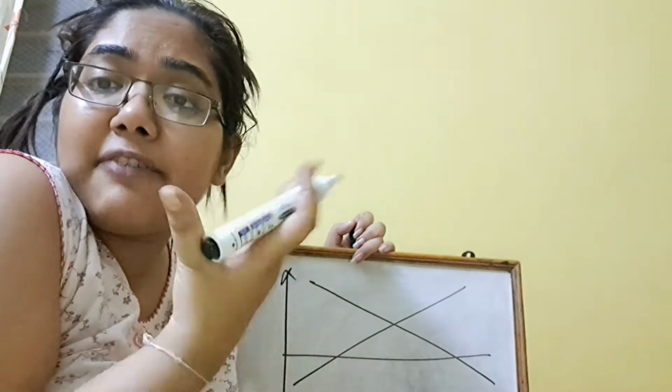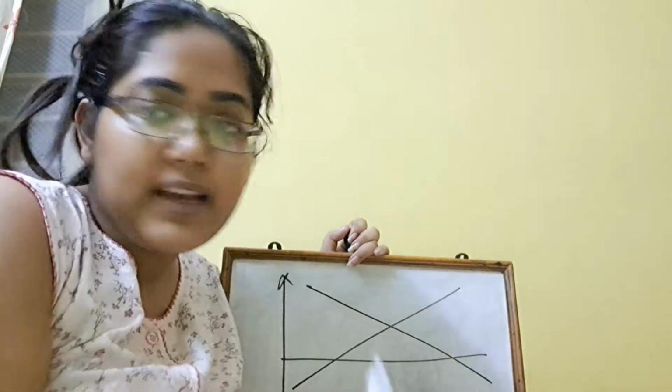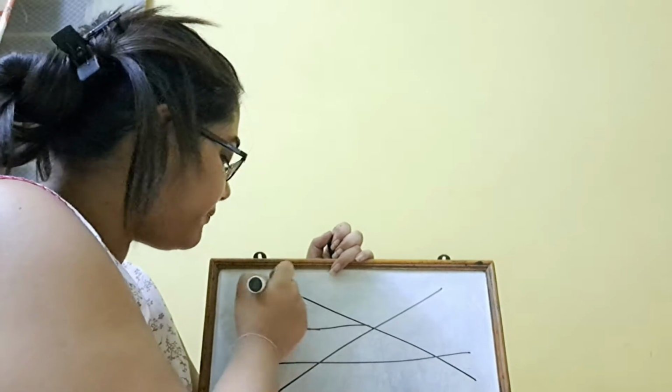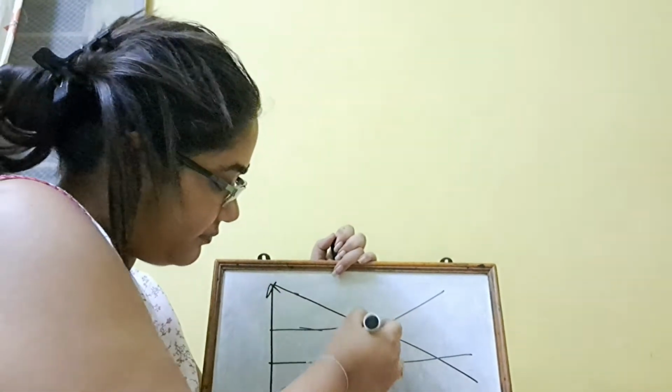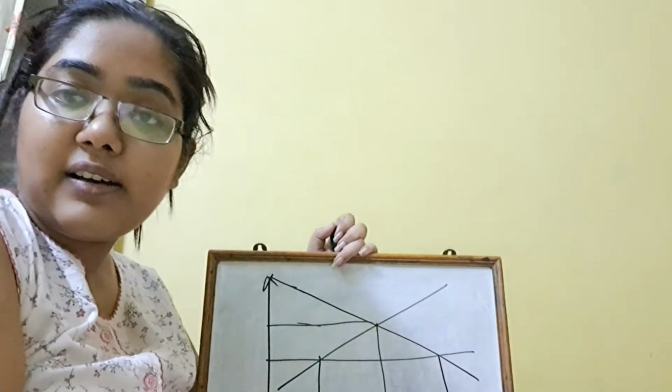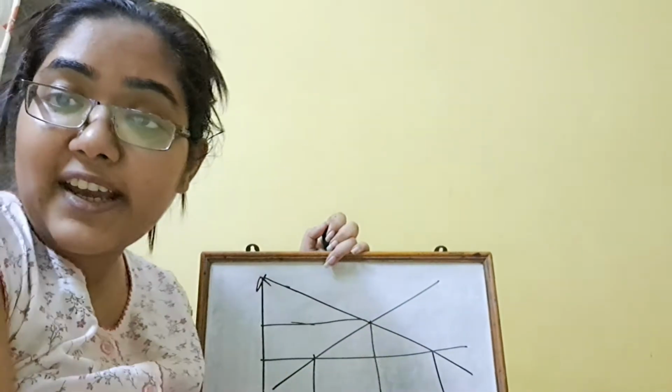Alright, so what has happened due to the price ceiling? What is the effect on the welfare of the economy? Let us see. This was your equilibrium price. Due to the price ceiling, notice that there has been a shortage.